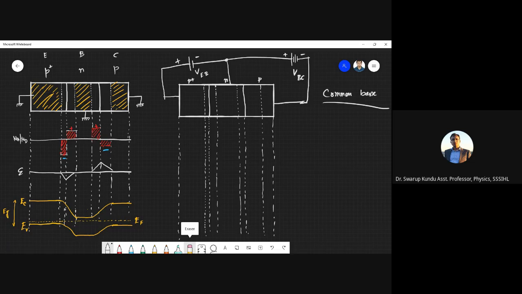We are trying to draw all these parameters. Okay, so let's draw it. How will this, what is this called, the energy band diagram, be?